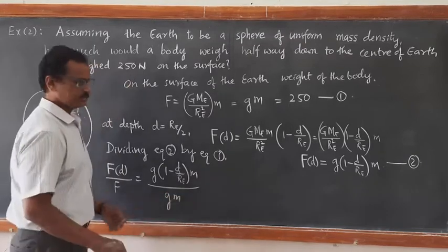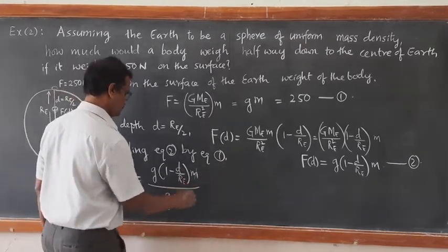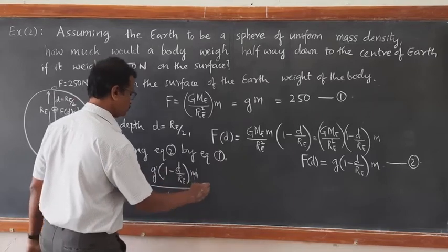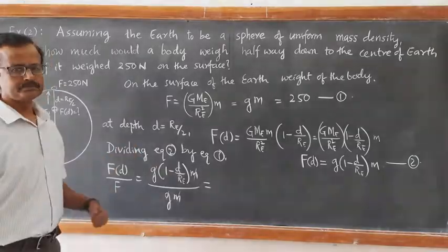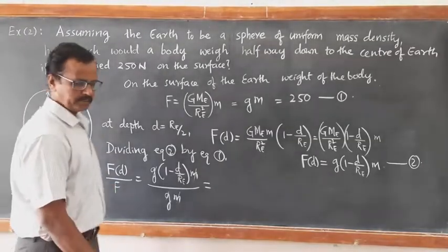So m cancels, g cancels. Now it becomes very simple. Now d is Re by 2.